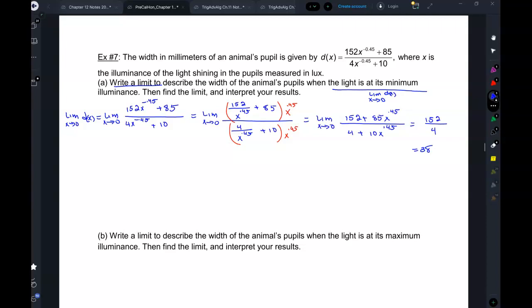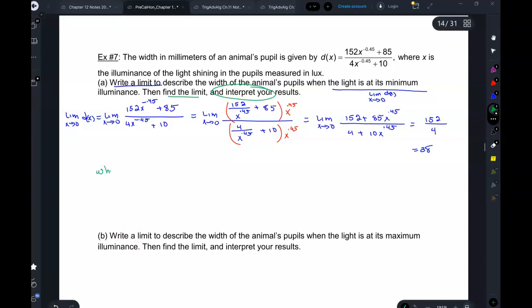So, that's fine. And here it says find the limit and interpret your results. So what this is, as x approaches 0, x is the amount of light. As the amount of light approaches 0, d, which is the diameter of the pupil, is approaching 38 millimeters. So now you have to write that as an actual sentence, right?